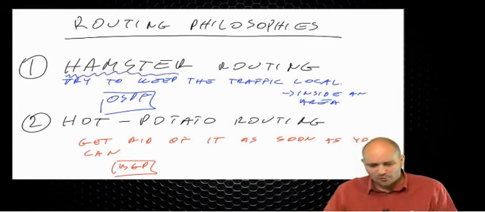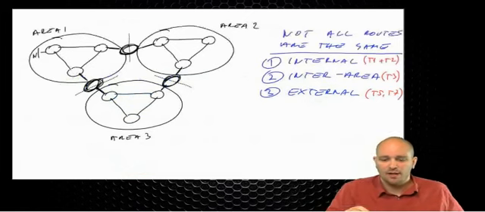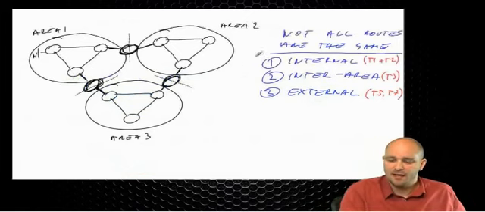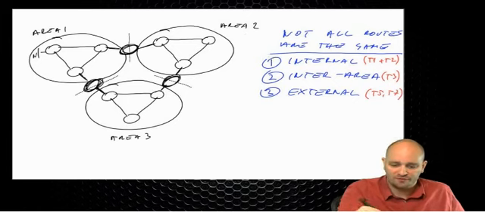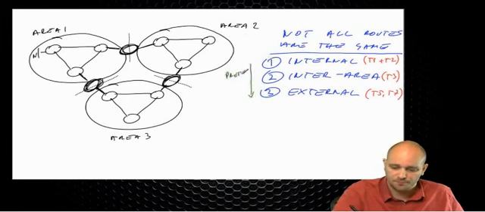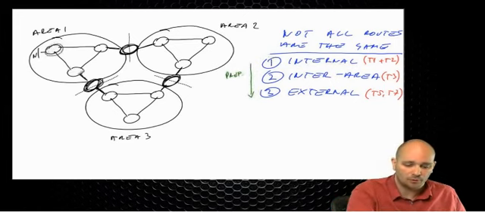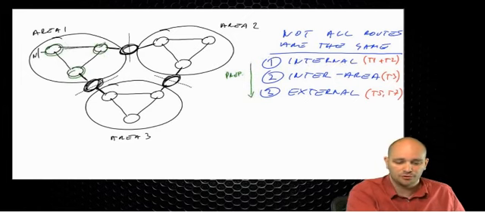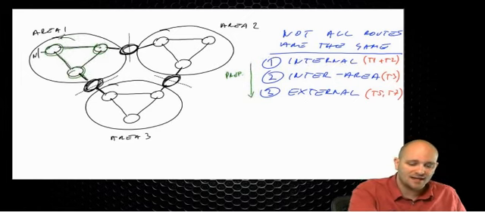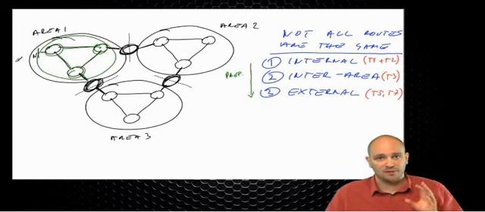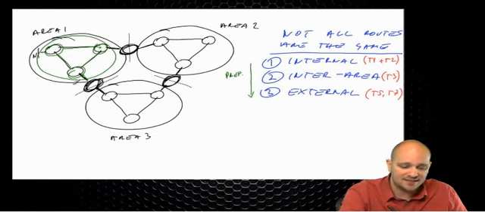So how does that help with this here? Well, if we take a look at this, this is the order of preference given to routes. So this is preference. Internal routes. If I have inside my network an internal route, I'm always going to, inside an area, give preference to keeping traffic local rather than sending it out.